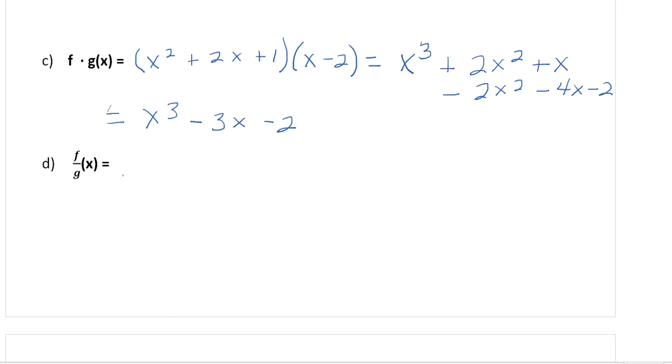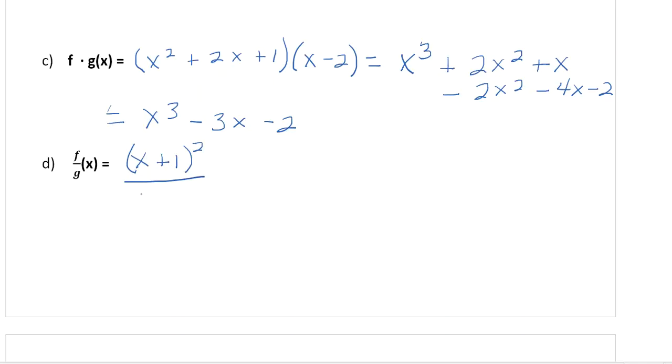But this time, instead of using the FOILed form, I'm going to use the factored form of x. So x was x plus 1 quantity squared, and g in the denominator is x minus 2.